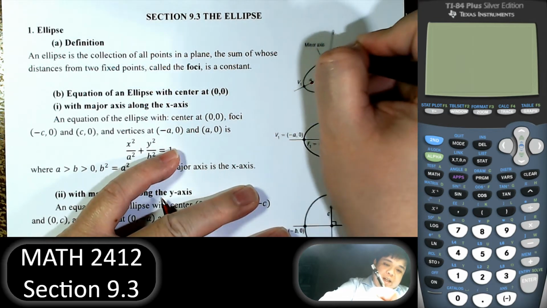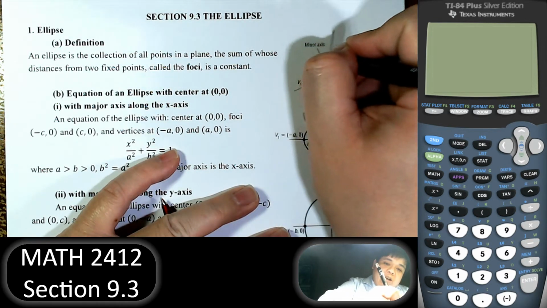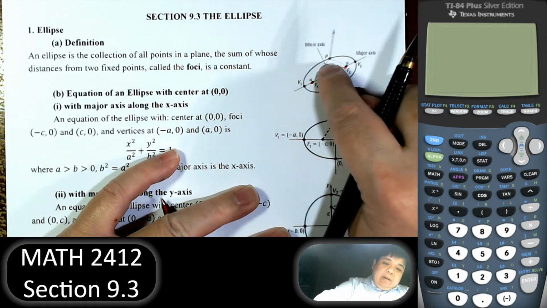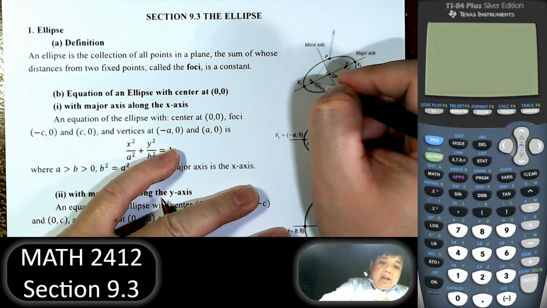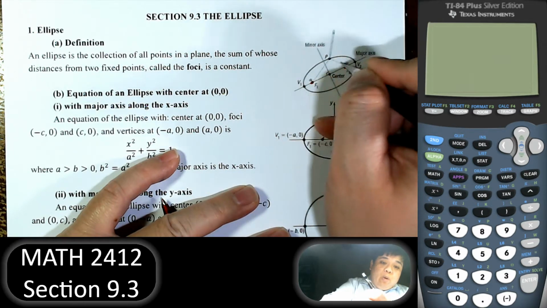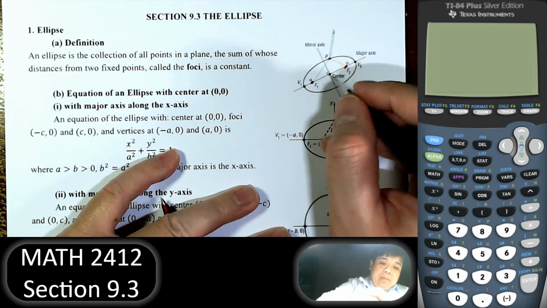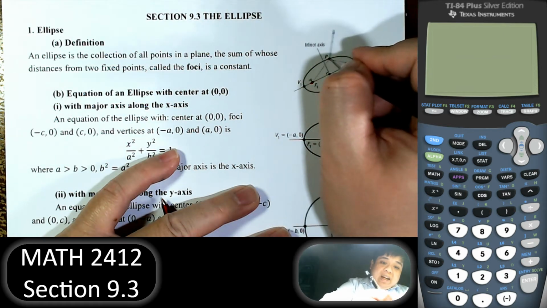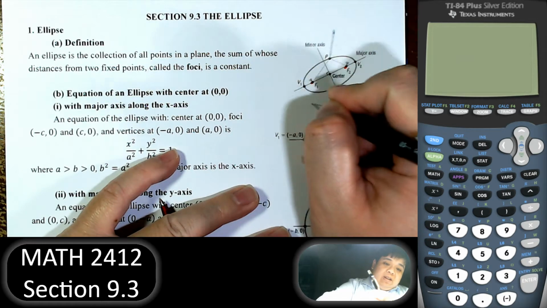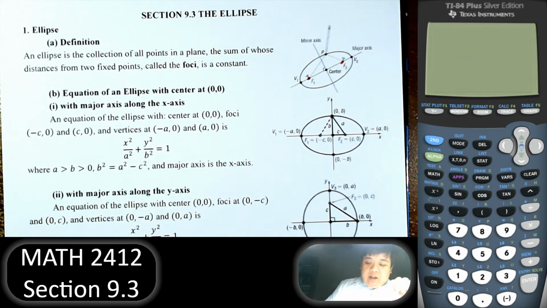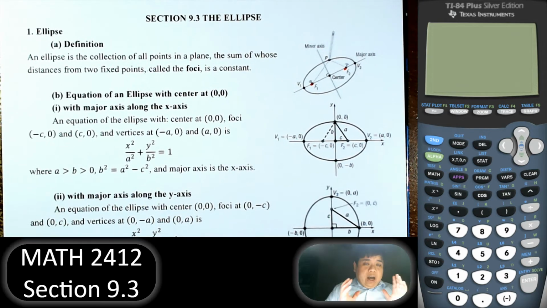Then as we go around, as long as the point on the string and the two foci form a perfect triangle, meaning there is no lag on the string, we can draw an ellipse.